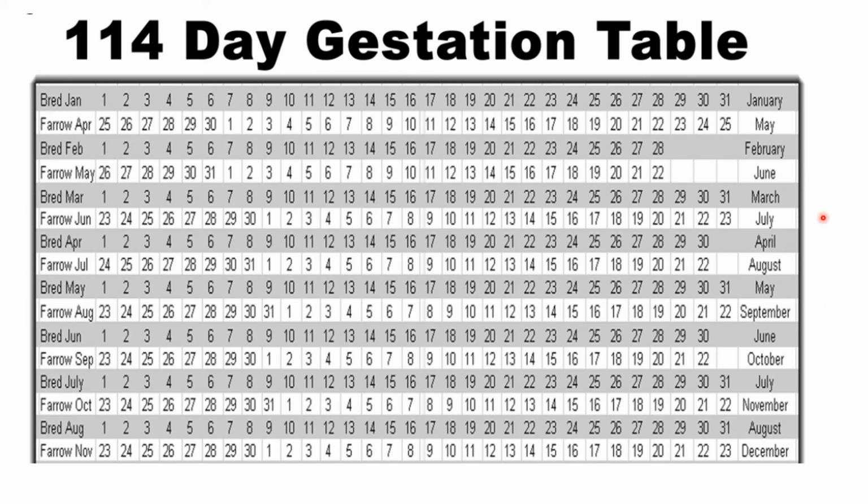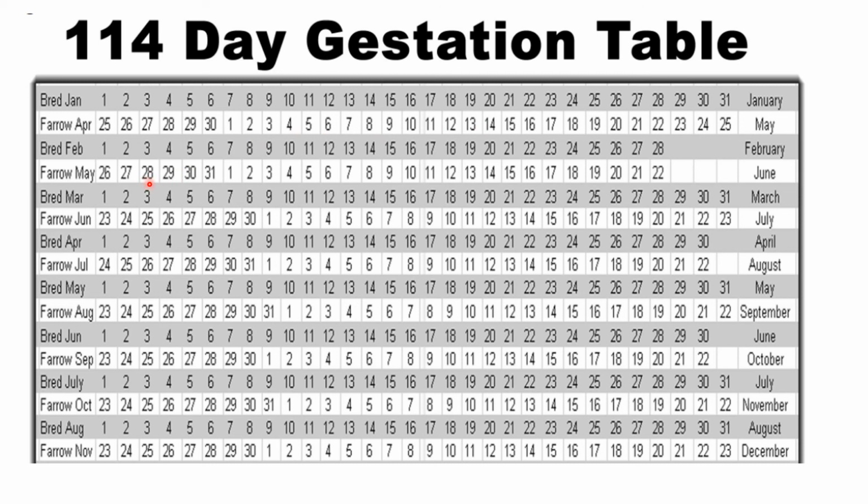And then, after gestation, you count again 14 to 28 days. So if your farrowing is April 1, you count 14 to 28 days: 1, 2, until here at May 28.